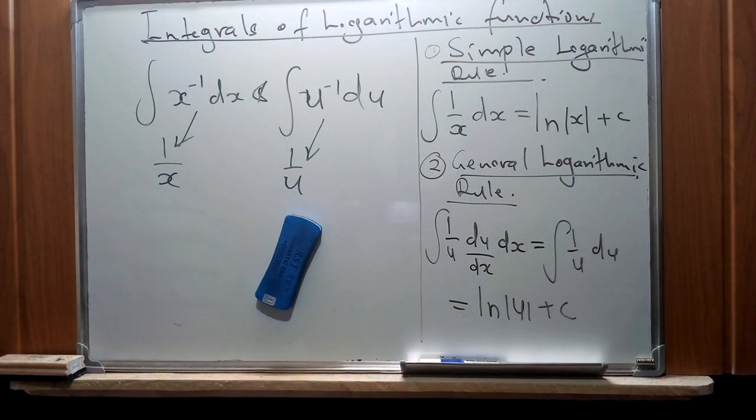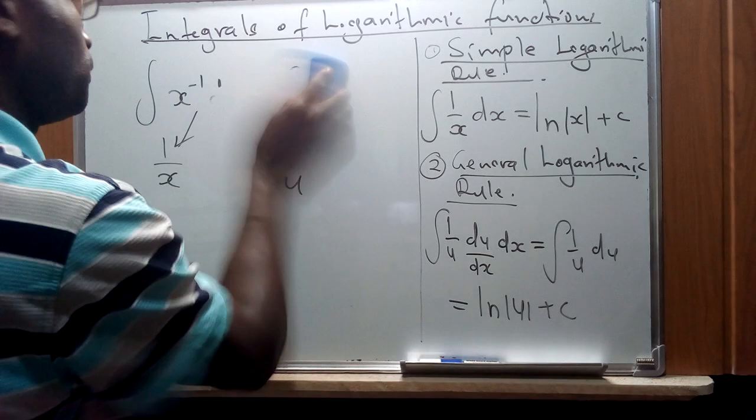Those are the two basic rules that we are going to apply in solving problems regarding functions of this form, and we are going to use specific questions to illustrate how the simple logarithmic rule and the general logarithmic rule can be applied.